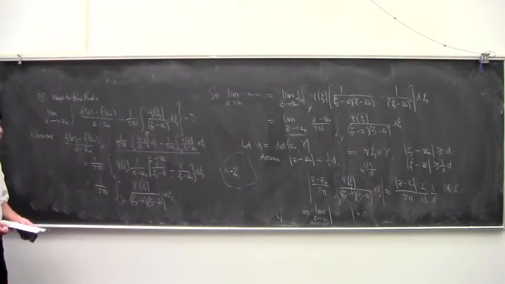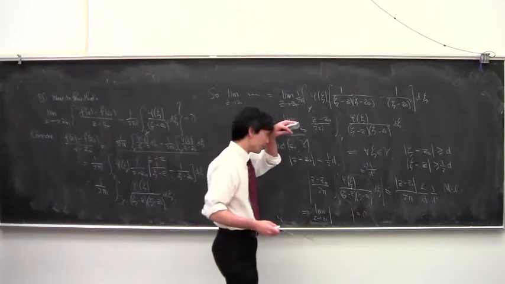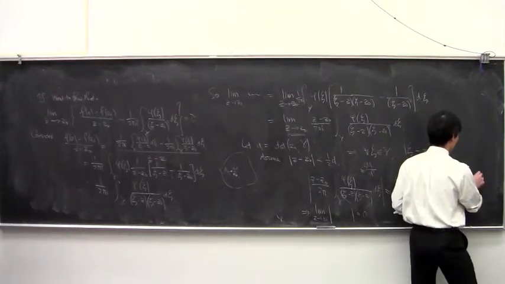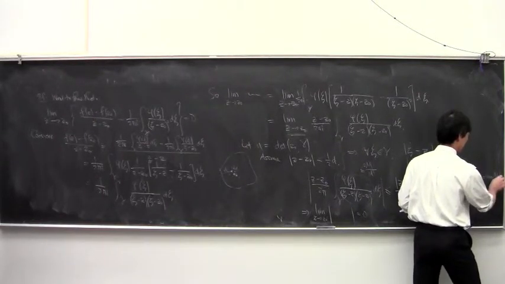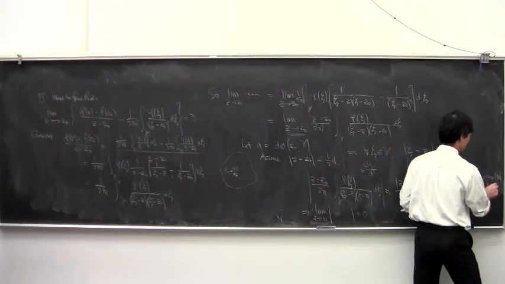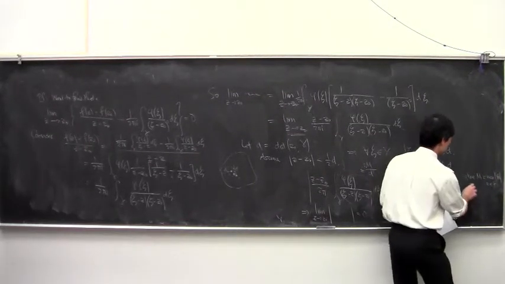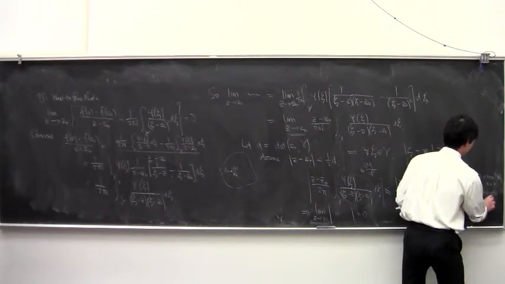And then M is just standard notation. Yeah, you can call it whatever. Okay. So where M is the max of the absolute value of phi of z as z ranges on gamma, and L is the arc length of gamma.